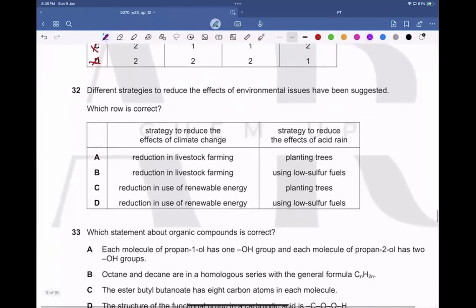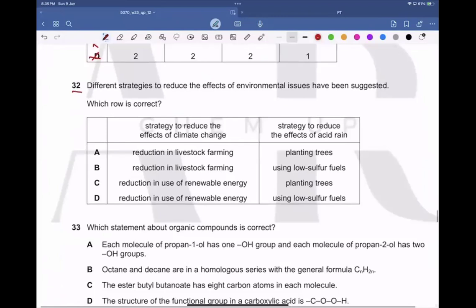Now, question number 32. Different strategies to reduce the effect of environmental issues have been suggested. Which row is correct? Reduction in livestock farming, strategy to reduce the effect of acid rain; strategy to reduce the effect of climate change; strategy to reduce the effect of planting trees. No, planting trees would not affect acid rain, right?